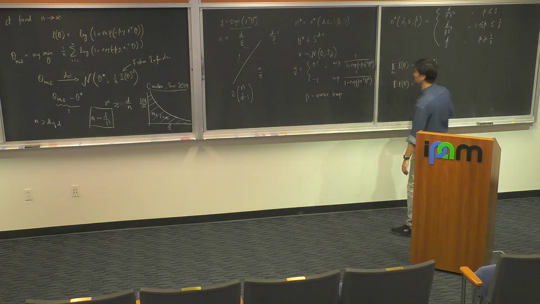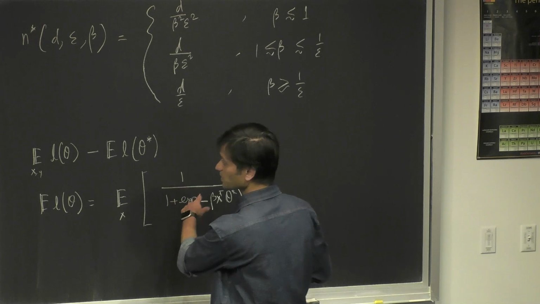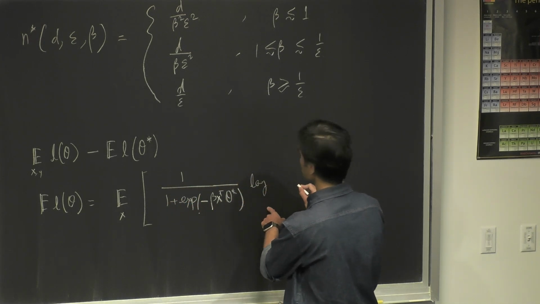It is +1 with probability 1 over 1 plus exponential minus beta x transpose theta star. This is the probability that y is +1.